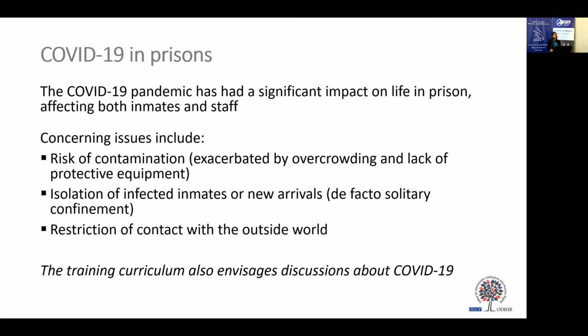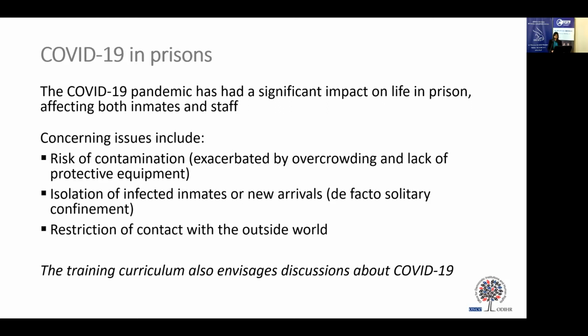To give you a few examples, in the first module, we have a brainstorming exercise on COVID and vulnerability in prison. For example, focusing on older people, people with specific health conditions, also persons with mental health issues who can be affected by the lack of contact with the outside world, people with child caring responsibilities who need to maintain contact with their children, or foreign nationals.